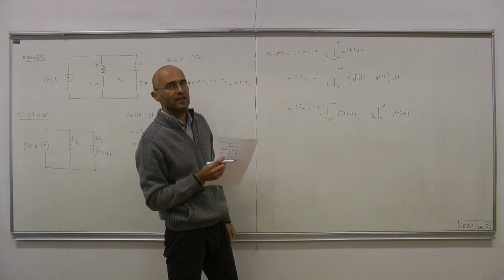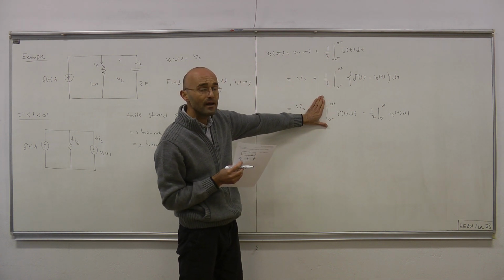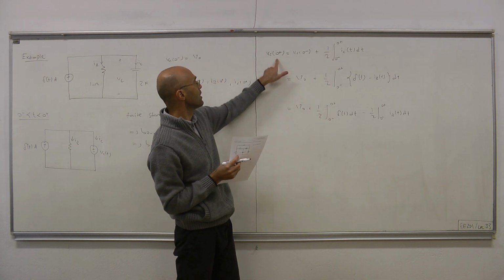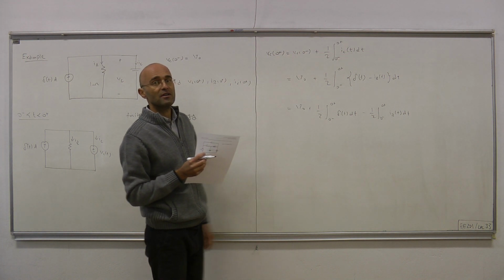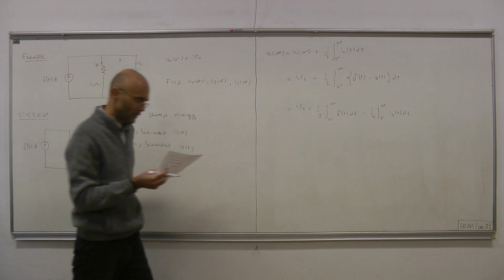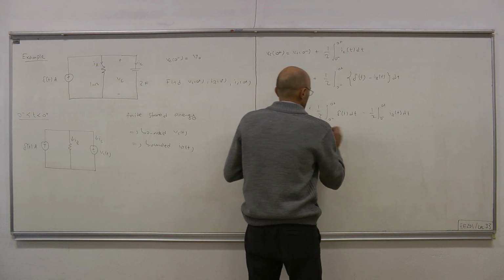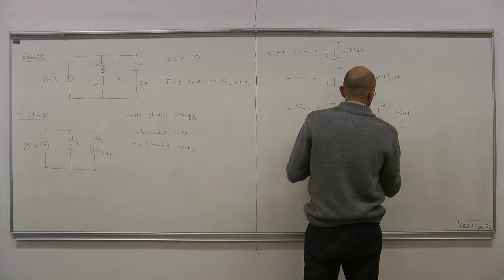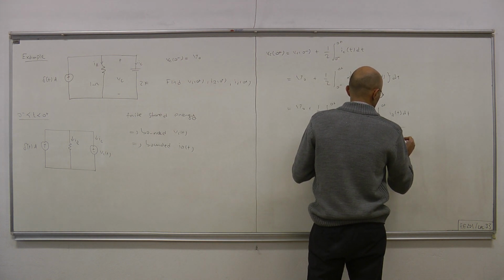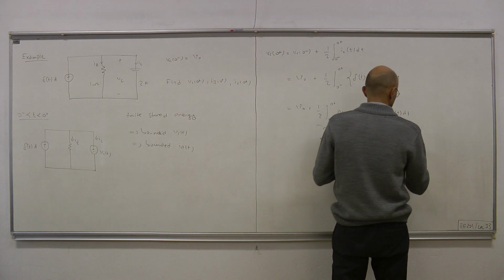And once that term is gone, we know the result of that integration. By definition, this is 1, and then we have 1/2. Therefore, VC(0+) must be VC(0-) plus 1/2 volts. This is 1/2, and this equals 0 because iR is bounded.